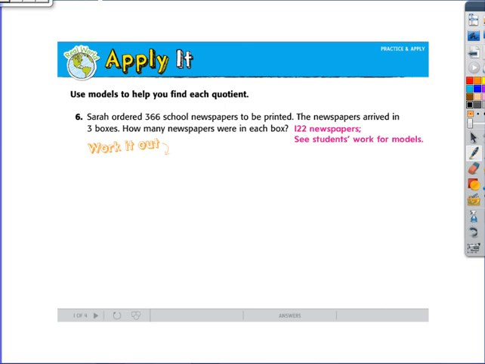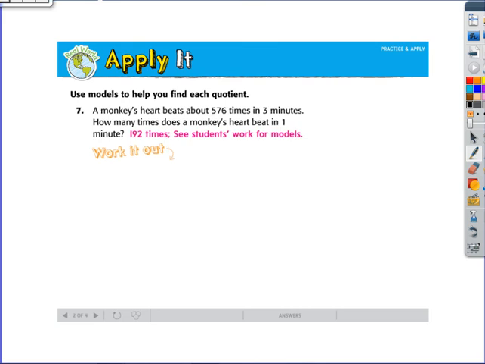Remember, your work, even on your word problems, needs to show how you use the base 10 blocks in order to come up with your answer.